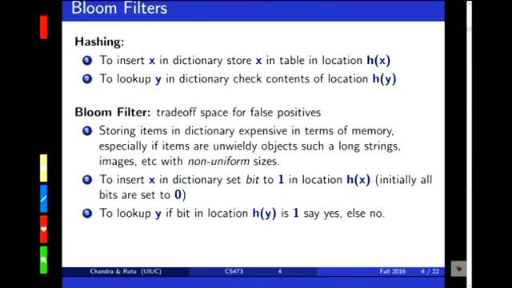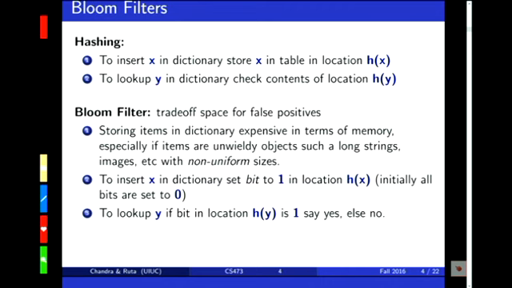Okay, and now if I want to look up whether object x is there in the table or not, I can compute h of x and see whether the bit is 1 or 0. If the bit is 0, then I say it's not there in the table. If the bit is 1, then it's there in the table. Now, can I make errors in this?